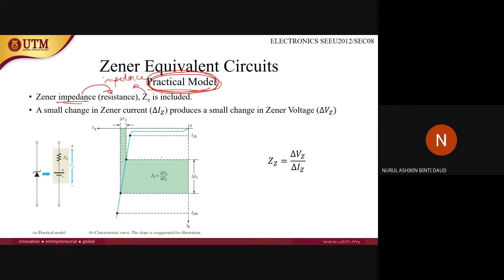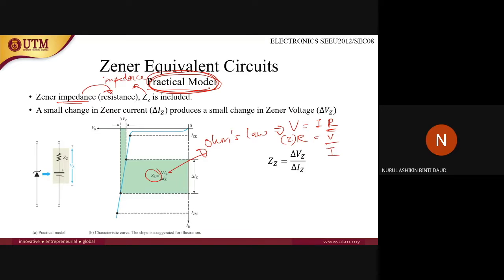To calculate the value of impedance, we know this comes from Ohm's law, which is V equals I R. R is impedance, so to calculate the impedance value, R or Z is V over I. So here comes the formula: ZZ equals delta VZ over delta IZ.